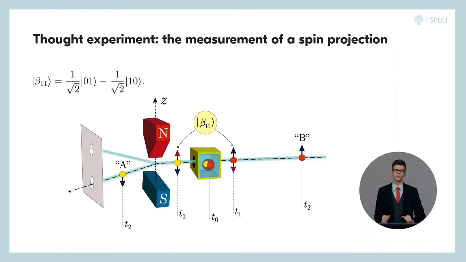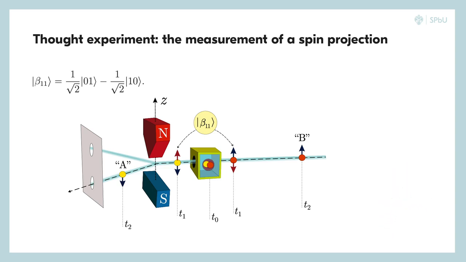In our thought experiment, we will measure the spin projection of particle A with a Stern-Gerlach instrument. If particle A tilts to the top after passing the instrument, it has the spin projection of plus 1/2, and the first term in the β11 superposition is realized. Thus, after such a collapse, particle A is brought to the state 0.